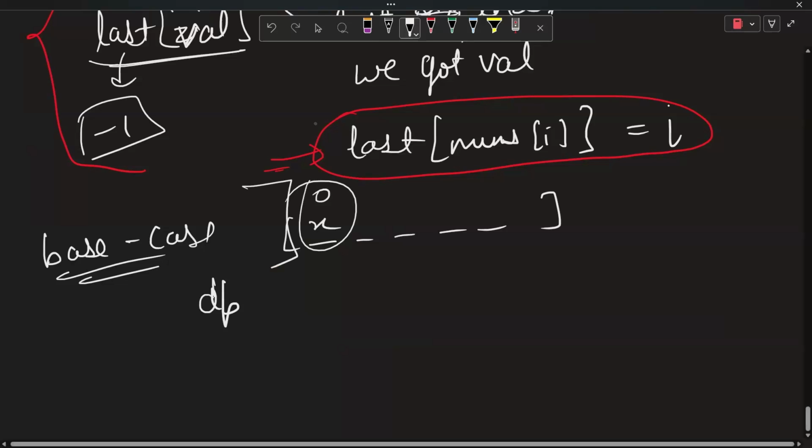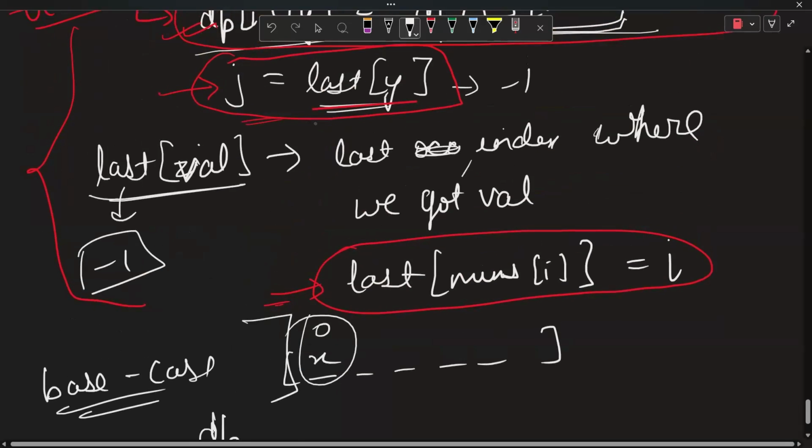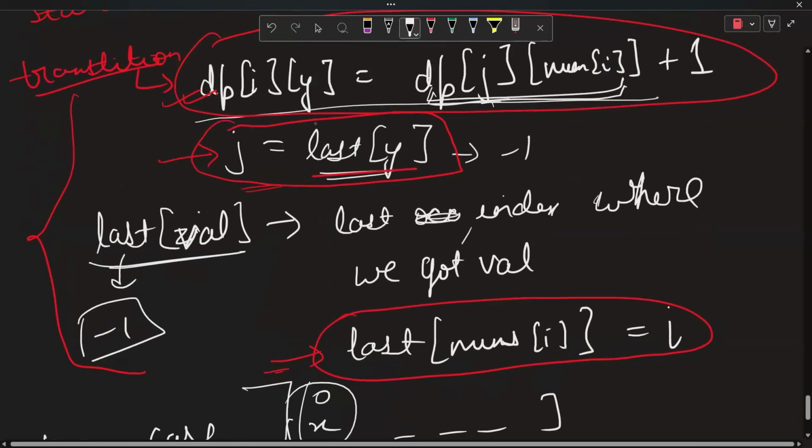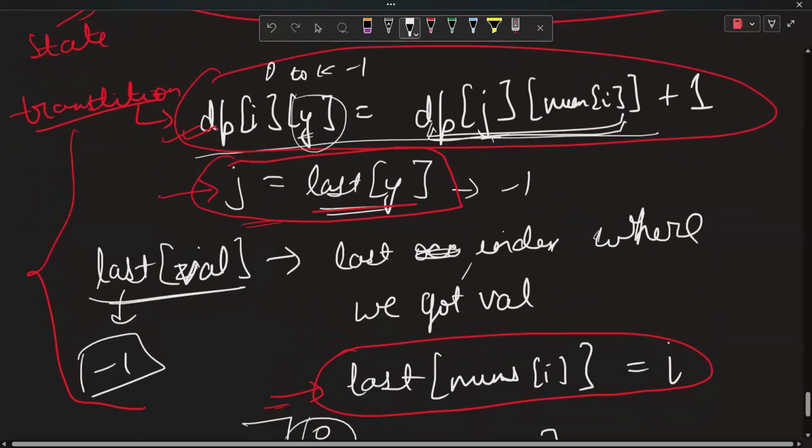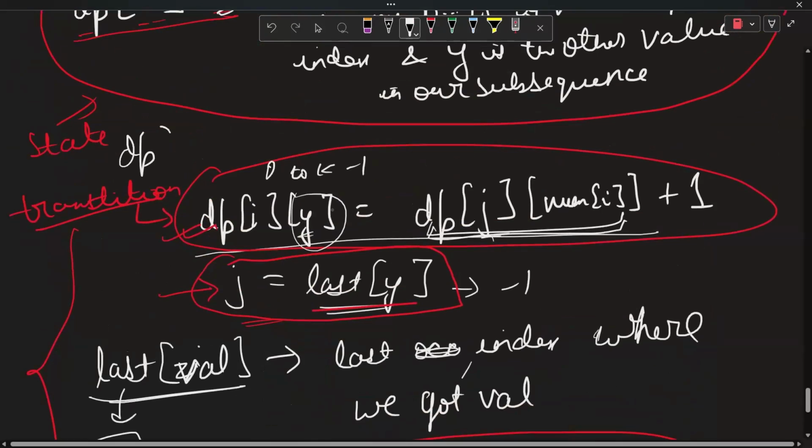My transition is actually just requiring a j, and then I'm iterating through all the possible values of y. This y is from 0 to k minus 1. The size of the dp is actually n cross k. This is the maximum. This i is up till n and this y is up till k. This is our dp.